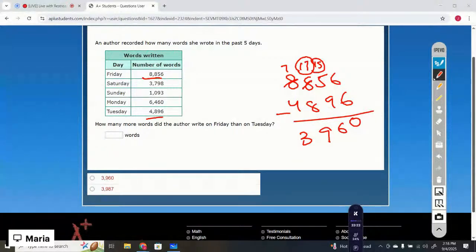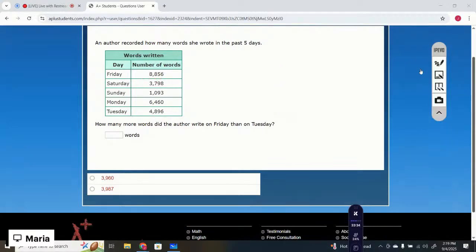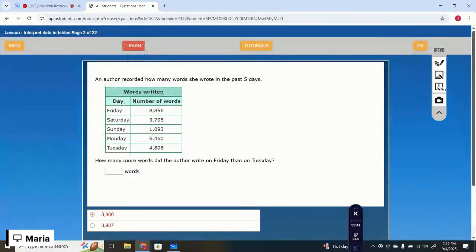That is 3,960. Option number 1 is the correct option.